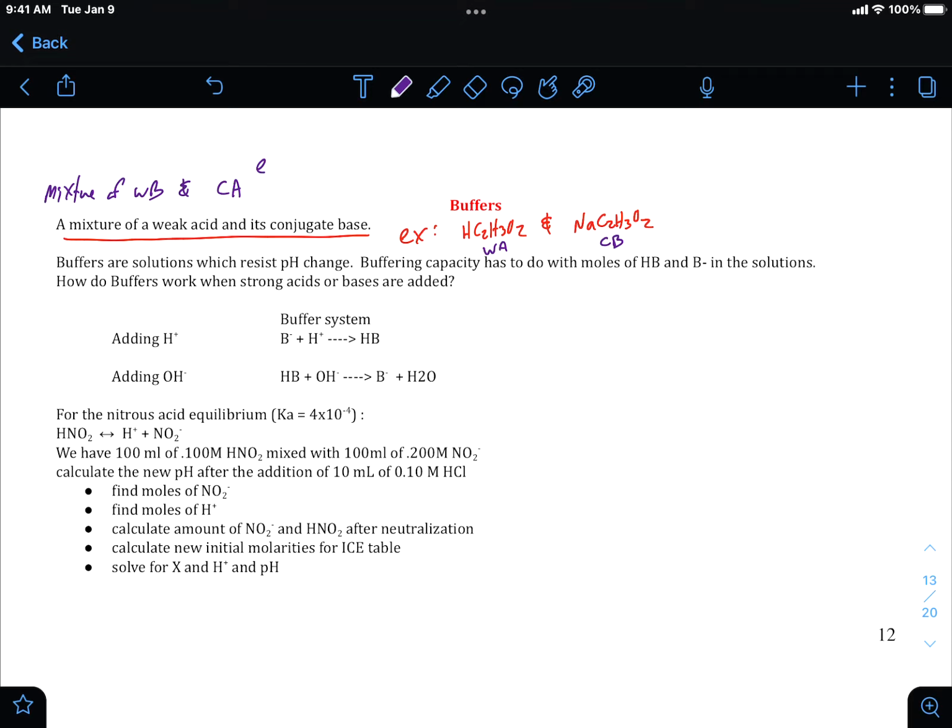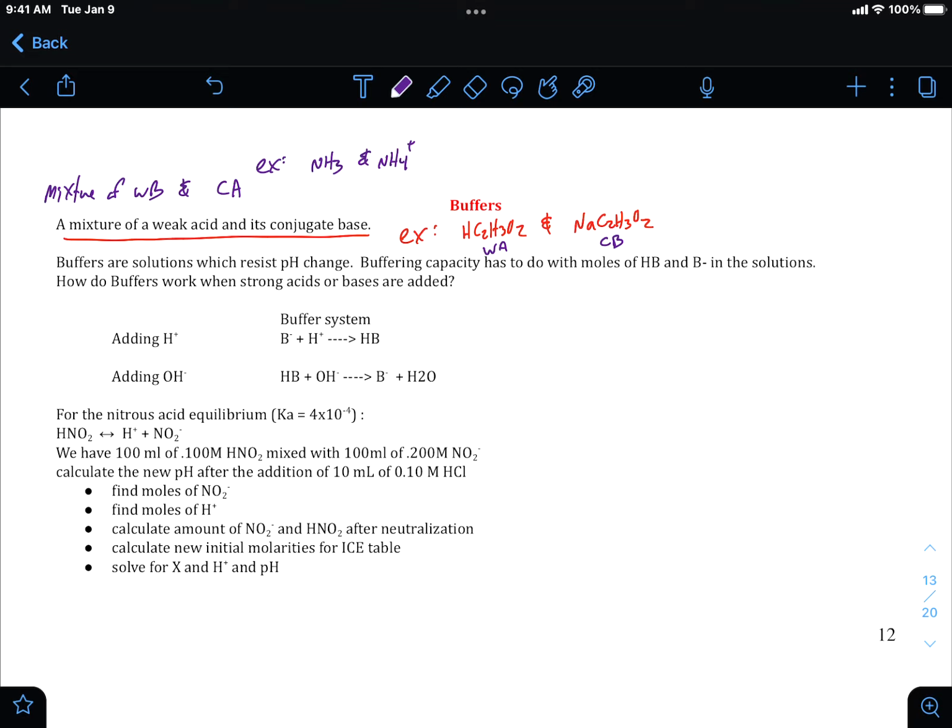All right, so an example of this, like we said before, would be ammonia and ammonium. Okay, you guys clear on the definition of a buffer? You need both parts. All right.